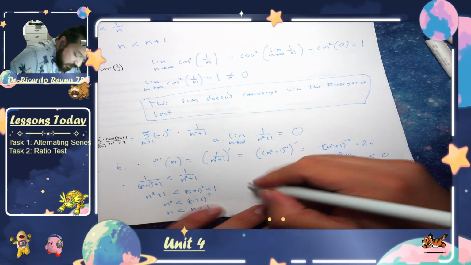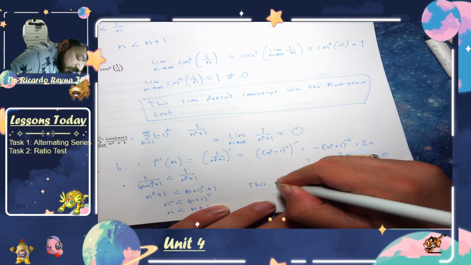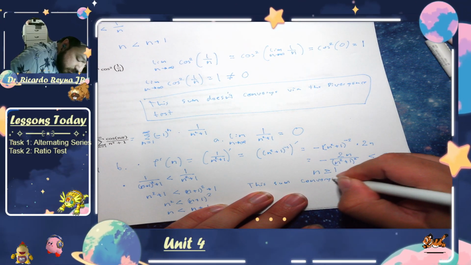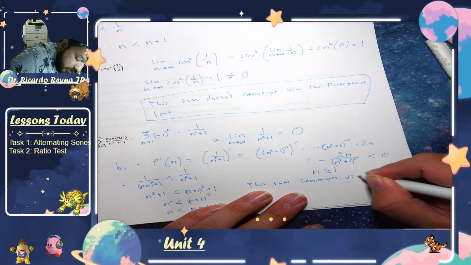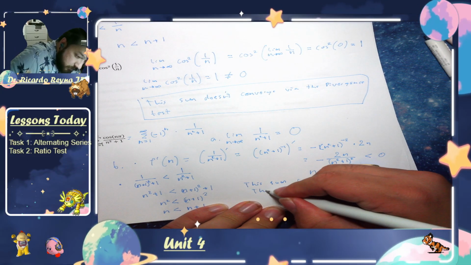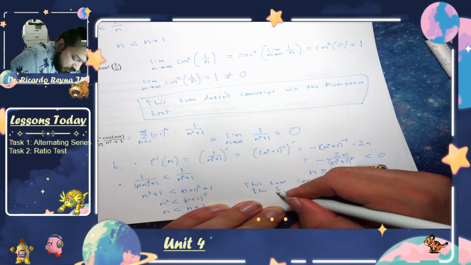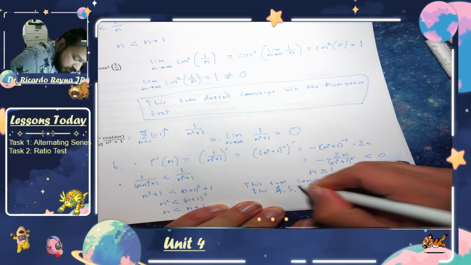And then we write that this sum converges via the alternating series test.